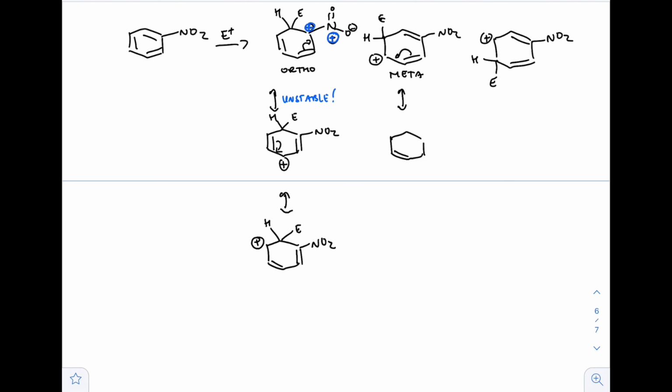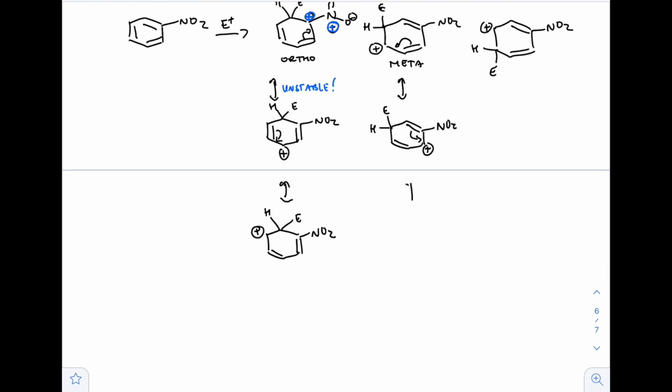Now what we do is same thing as before, shifting that pi bond around to kind of move that positive charge to a different location. Hopefully you guys got this process down by now with the resonance structures and where the positive charge ends up.